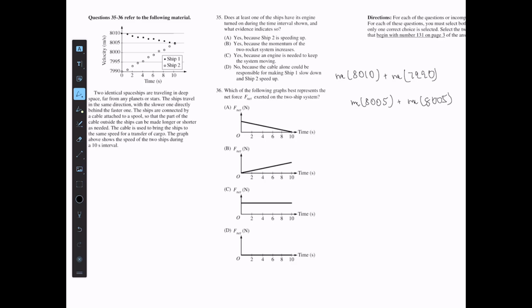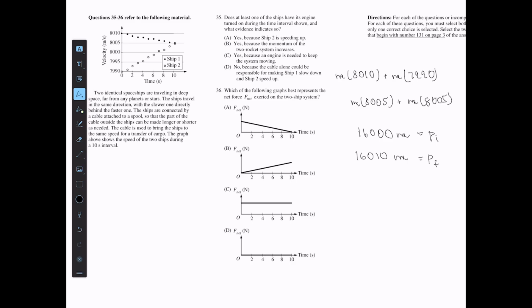If you add these, you can see that momentum increases, because this is the initial momentum, and the final momentum is this.